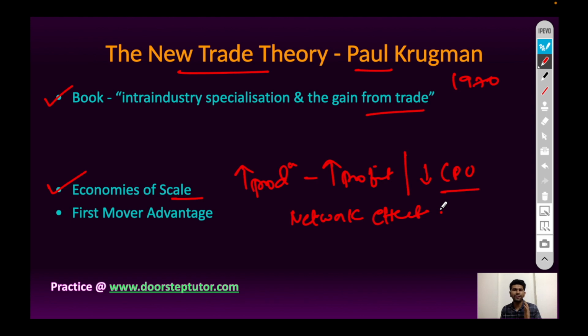It is also called the bandwagon effect. For example, WhatsApp. It is a network effect. As users increase, the value of WhatsApp and companies will also increase. And what is first mover advantage? Firms that establish a first mover advantage in the production of a new product may later dominate the global trade in that product.